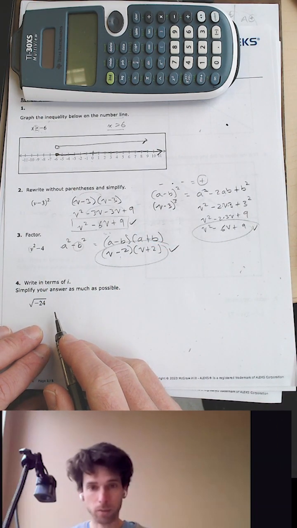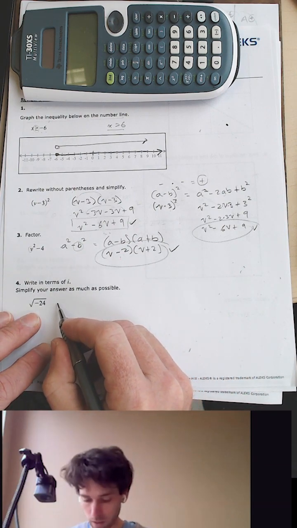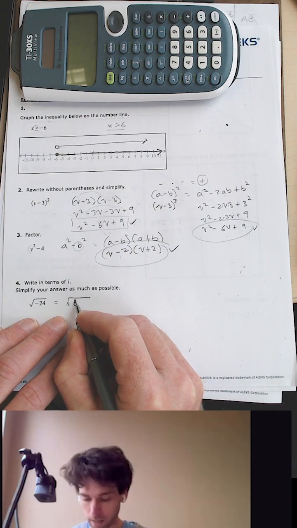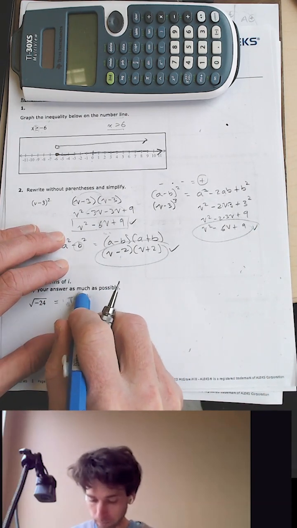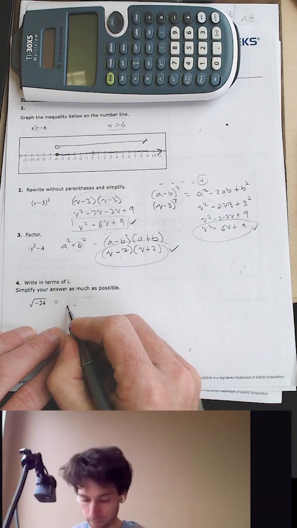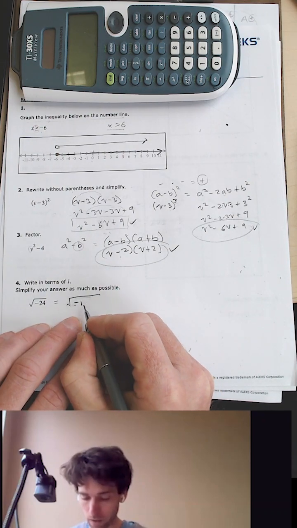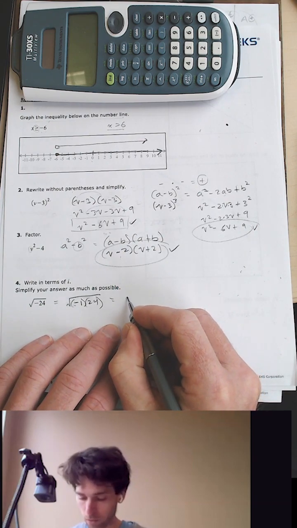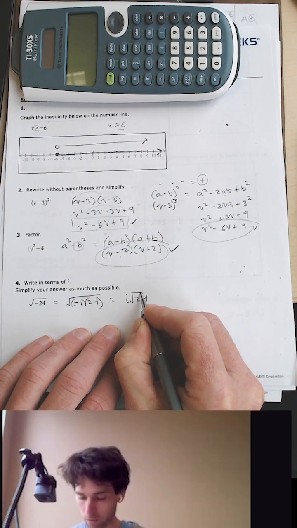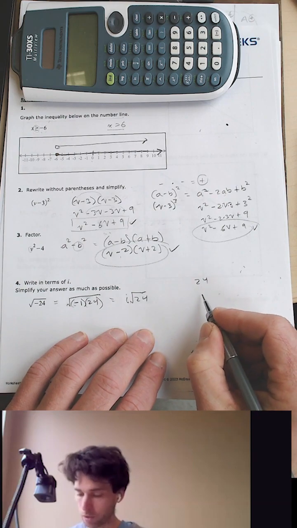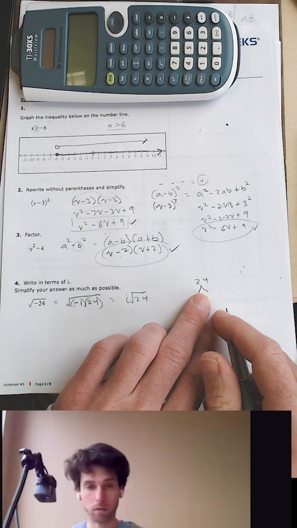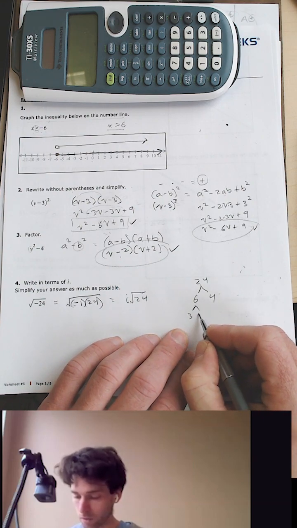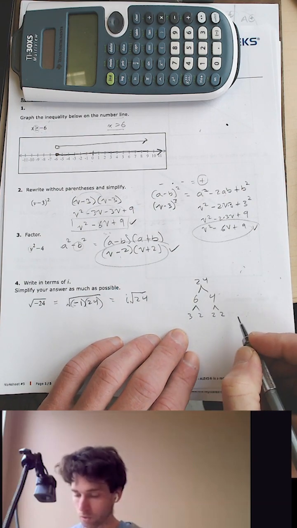Simplify your answer as much as possible. The best way to do these is to take the square root of -24 and break it up into -1 and 24, the square root of -1 times 24. And that's going to be equal to i square root of 24. And in order to understand the square root of 24, we can do a prime factorization. So 6 and 4, 3 and 2, and 2 and 2.